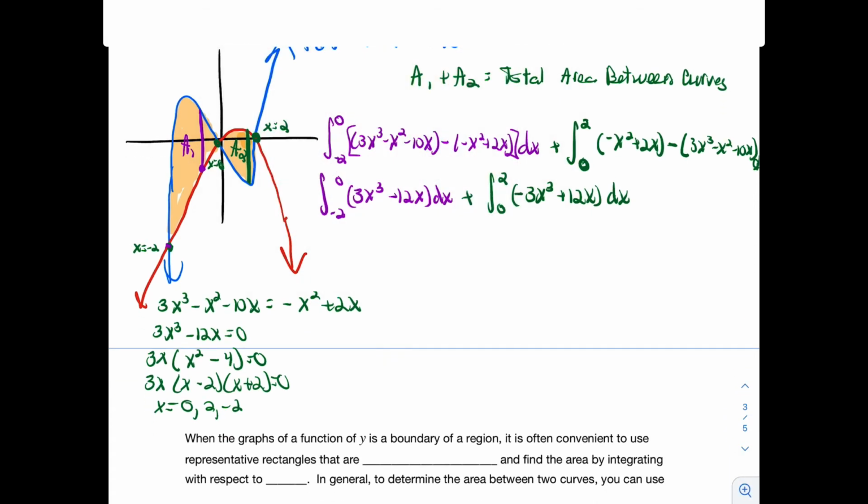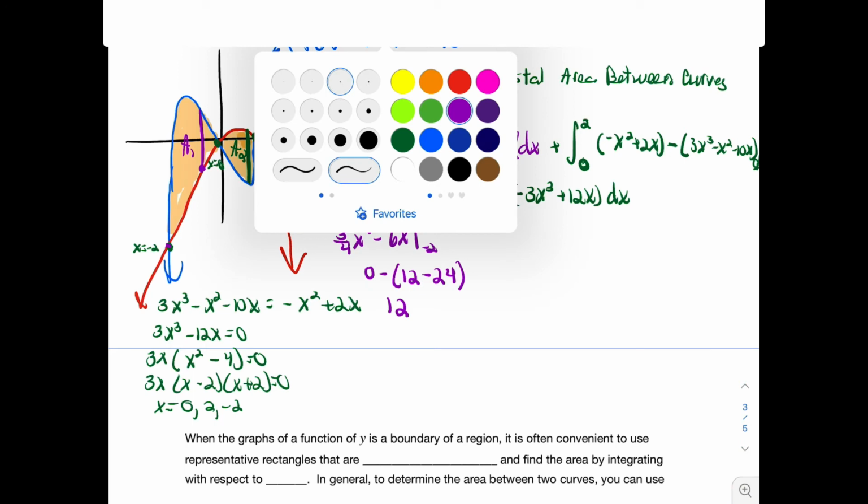So integrating the purple area, A1's area, I get 3/4 x to the fourth minus 6x evaluated from negative 2 to 0. Plugging in 0 in place of every x gives me 0, and replacing every x with negative 2, I get that area 1 is 12.